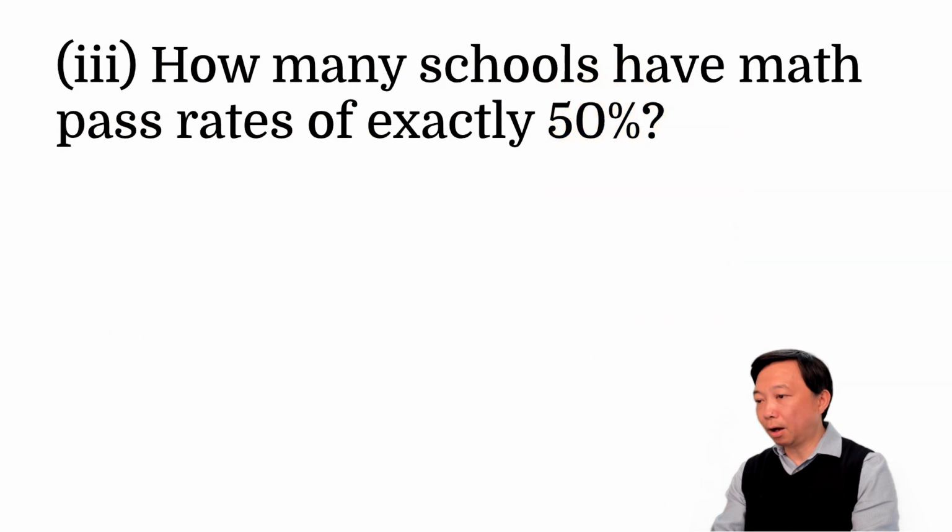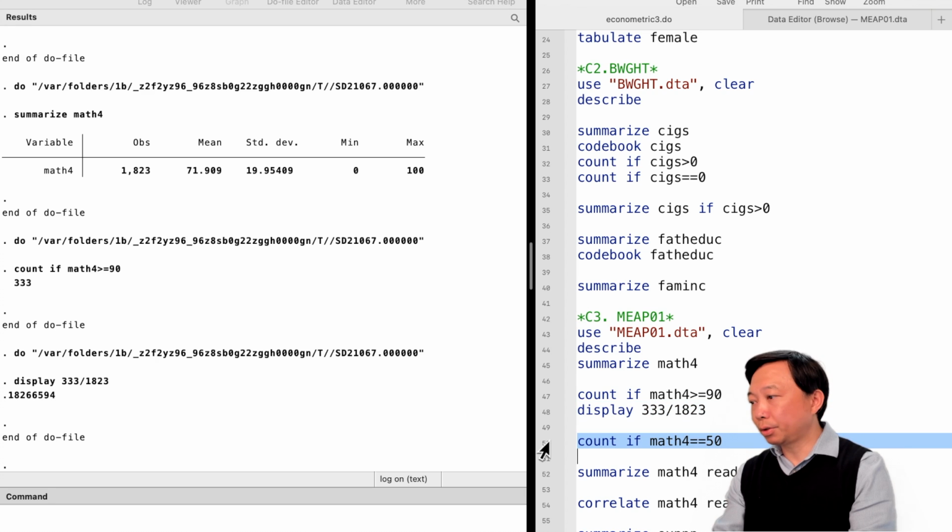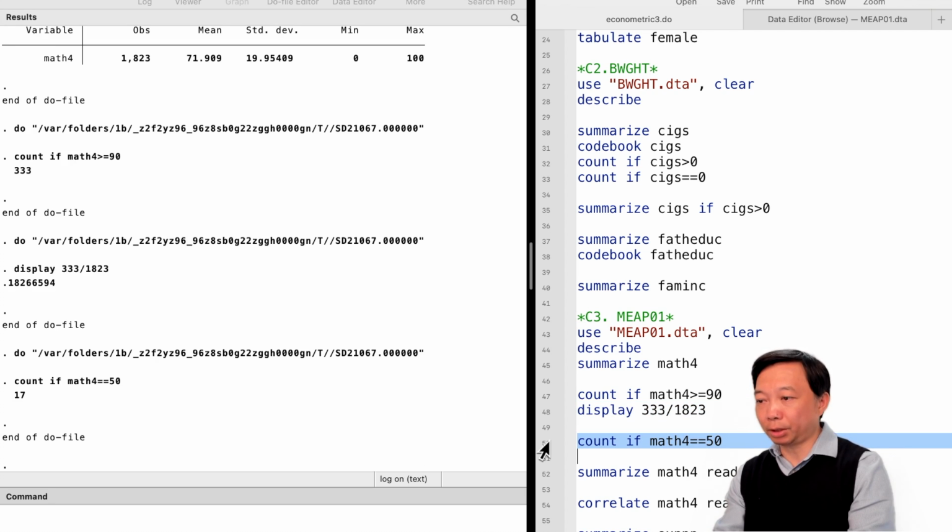Part 3 asks how many schools have math pass rates of exactly 50%. We continue to use math4 to measure the pass rate, and 17 schools have math pass rates of exactly 50%.